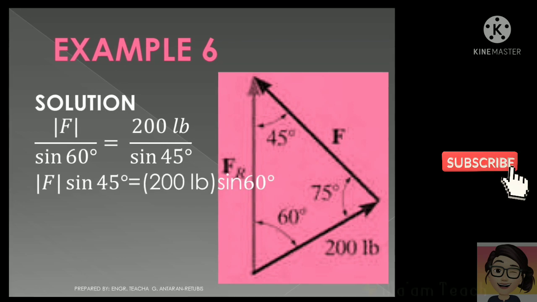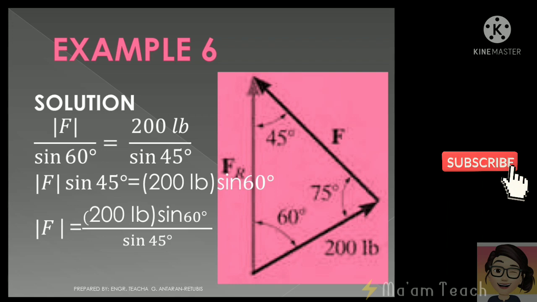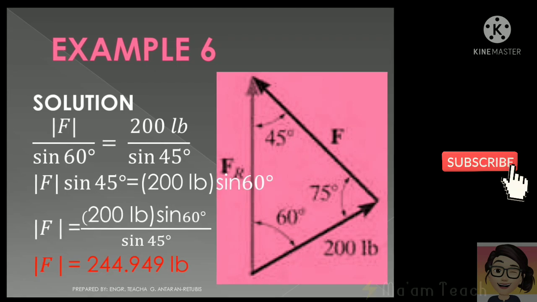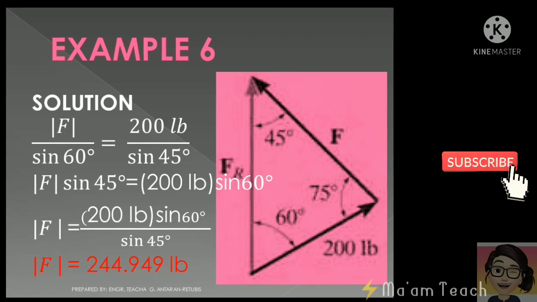To solve for the magnitude of the force, we'll divide both sides of the equation by sine 45. Using your scientific calculator, encode these values, and we'll have the force F, which is 244.949 pound. Take note, the unit is in pound because our given force is also in pound.